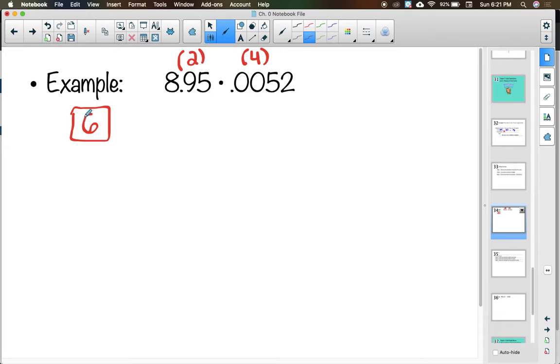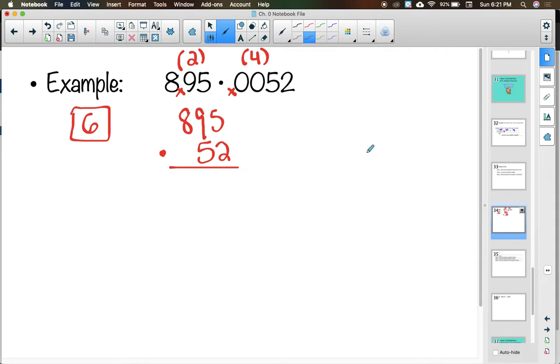Okay? Once I make note of that, now I can get rid of these decimals and pretend they don't even exist. So my first number, 895. My second number is the whole number 52. Those 2 zeros in front do not need to be written into my problem.